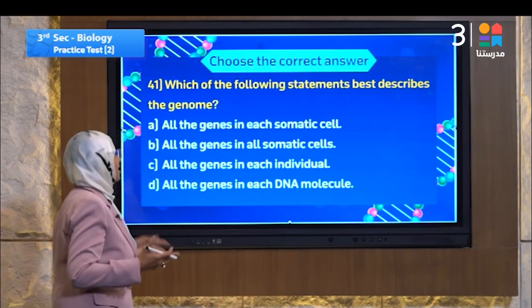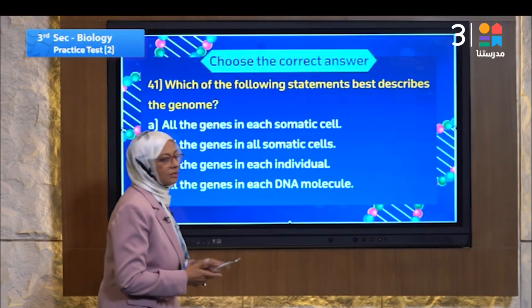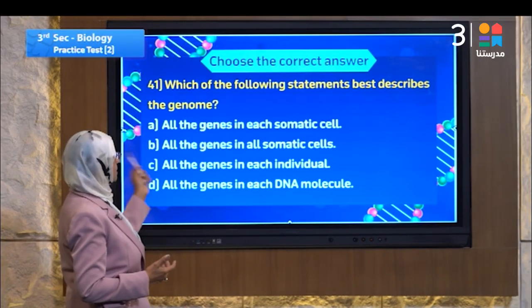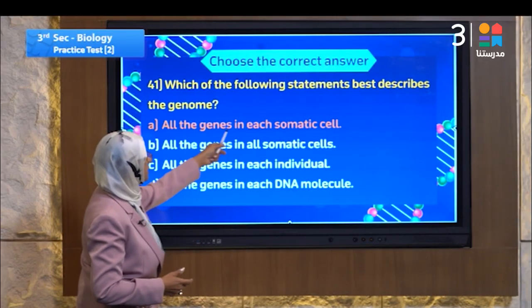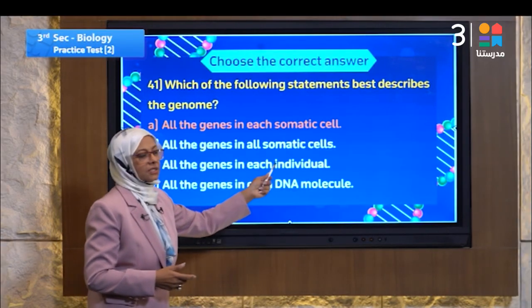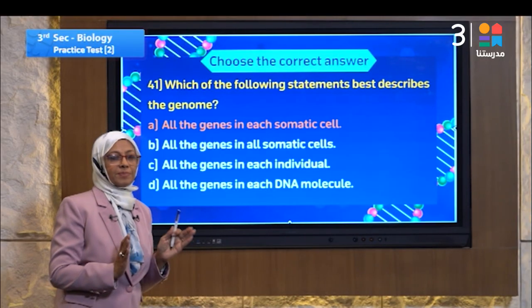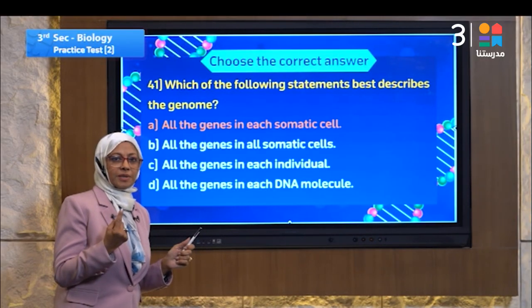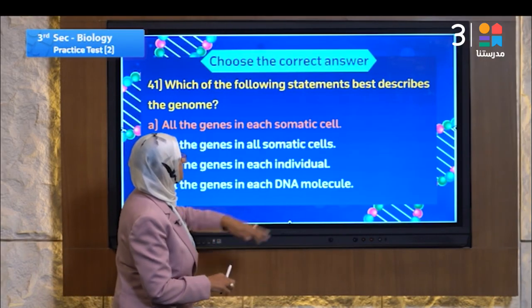No, that means an infinite number of genes. All the genes in each DNA molecule? No. So the answer will be A, all the genes in each somatic cell. The 46 chromosomes for the human being are one copy in each cell. So the answer is all the genes in each somatic cell.